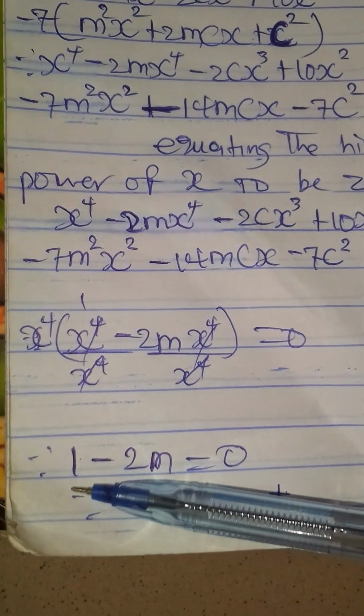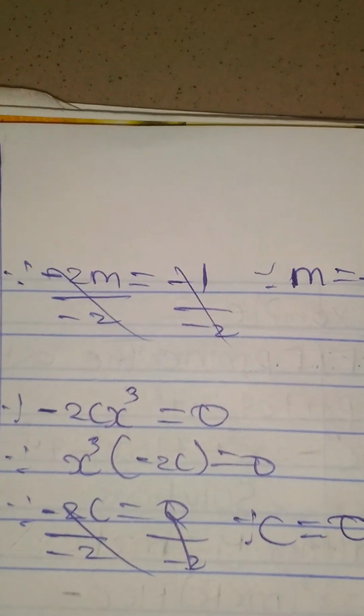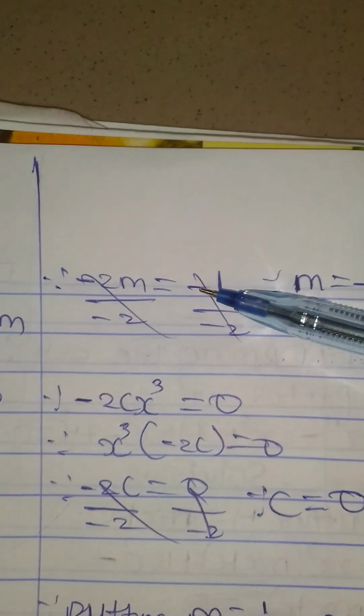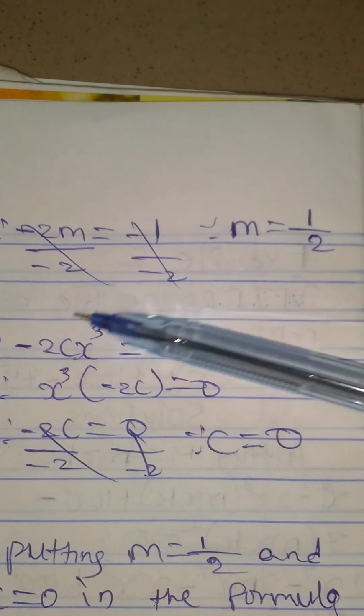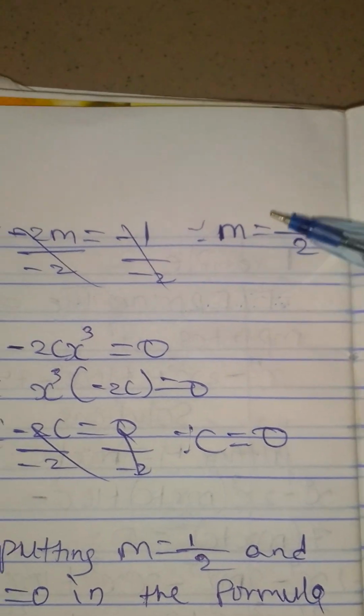Therefore equating this to 0 becomes 1 - 2m = 0. So -2m = -1, the 1 crosses over and becomes minus 1. Dividing by the coefficient of m, which is -2, m equals 1 over 2.